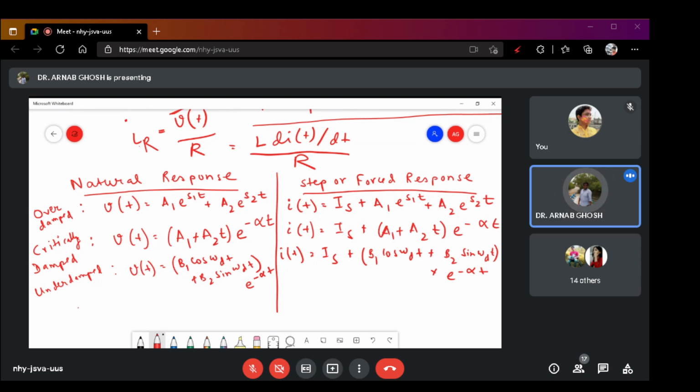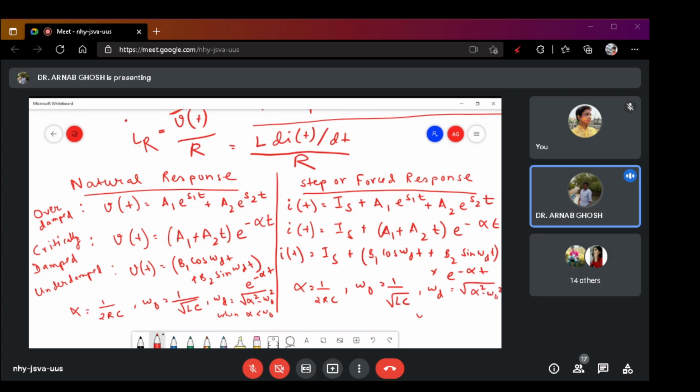Okay, and these are common. Alpha is equal to 1 by 2RC, omega 0 is equal to 1 by root LC, and omega d is equal to root over alpha square minus omega 0 square when alpha is less than omega 0. And here also this is the same.